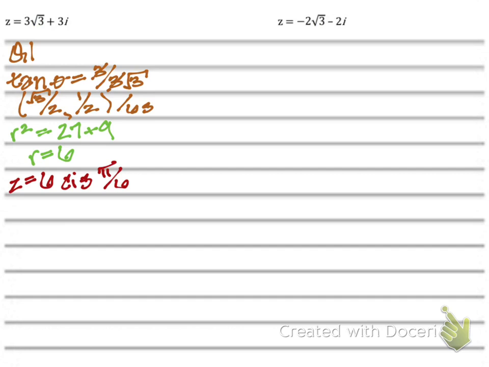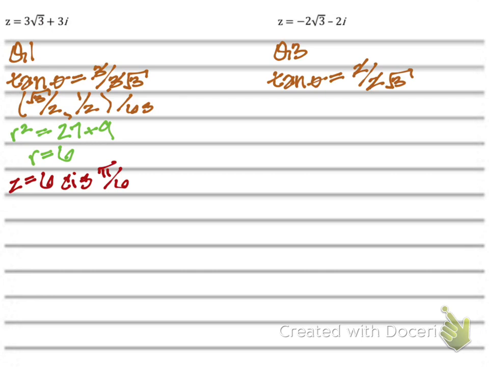Last one here in quadrant 3, right? Because it's negative, negative. And tangent theta is b over a, right? So 2 over 2 root 3. Again, I see the negatives, but I'm ignoring them because we're using unit circle, and I've already identified that I'm in quadrant 3. So that's going to give me the 1 over root 3, just like the last one, which means it's an over 6, right? Just like that last one.